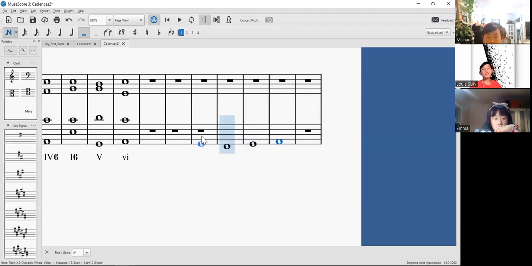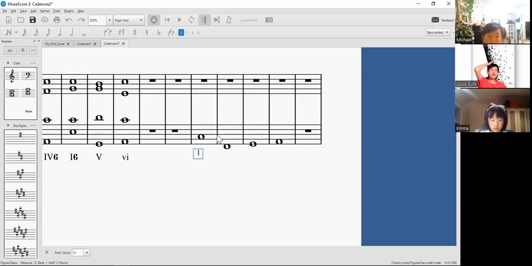And let's try 1, 4, 5, 6. Okay, and now notice we've got the bass going up. So if possible, we would like to make the soprano go down, so we have that nice contrary motion, maybe even voice exchange going on.